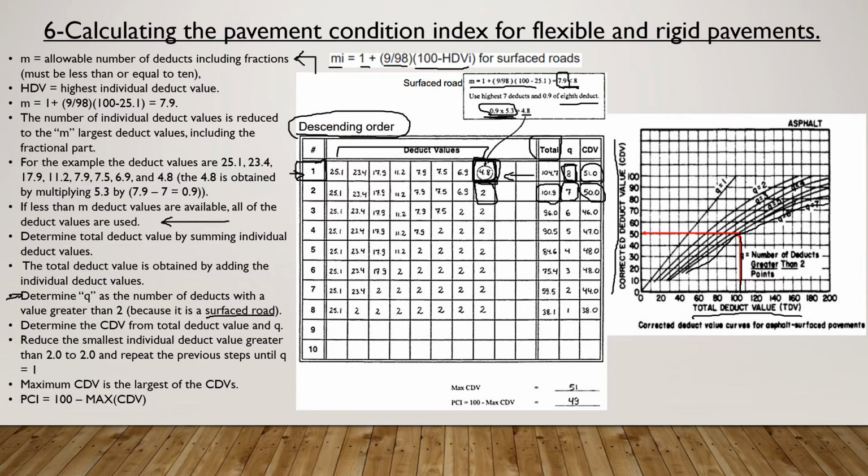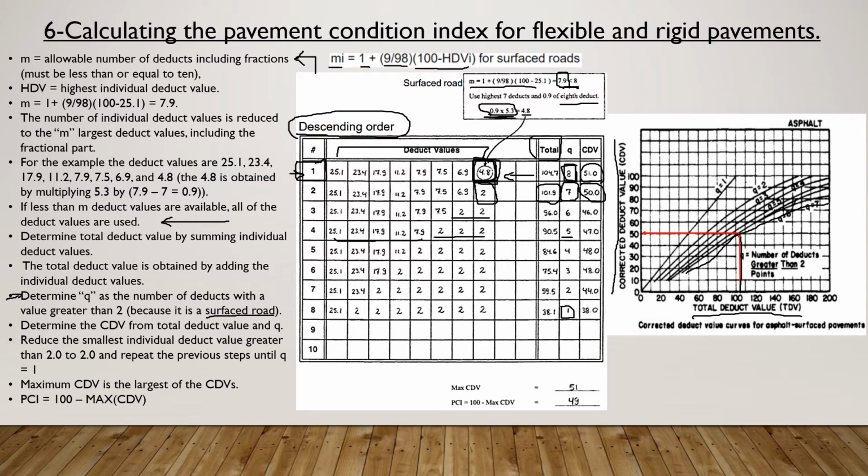Then we keep iterating, every time the first deduct value more than 2 will be equal to 2. Here Q is equal to 5 because we have 5 numbers more than 2, and so on until Q is equal to 1. At this value we will stop our iterations.